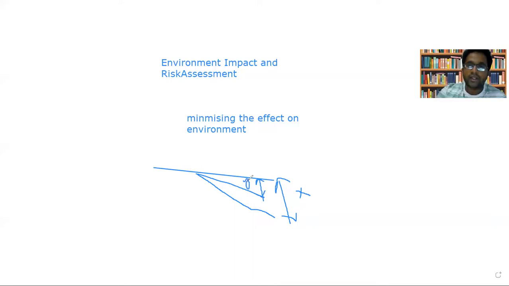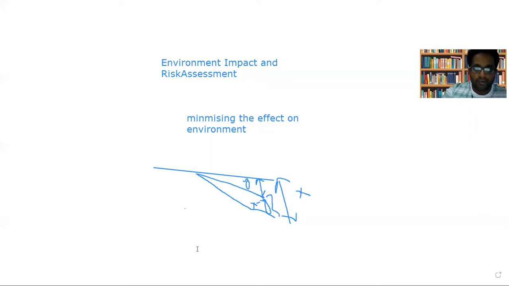Okay, so here you can see that there is a difference: if no impact study was carried out, and if an impact study has been carried out, there occurs a reduction of X minus Y. Okay, so this impact can be occurring to different parts of the environment.